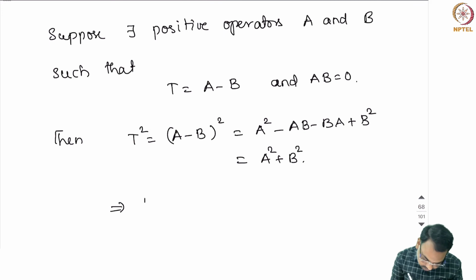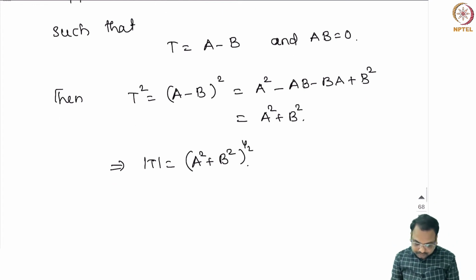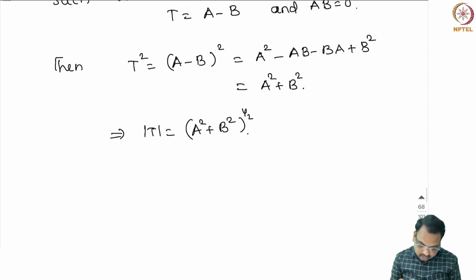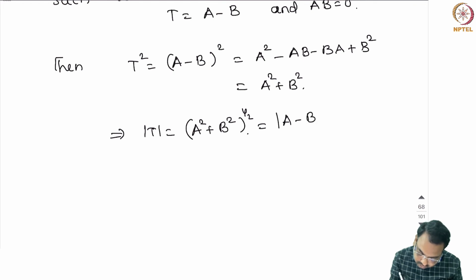So this implies mod T is nothing but the square root of A square plus B square. Okay. So this is mod A minus B.